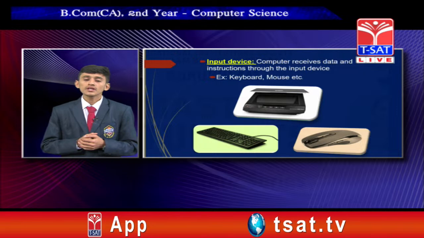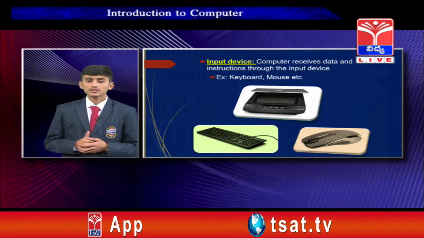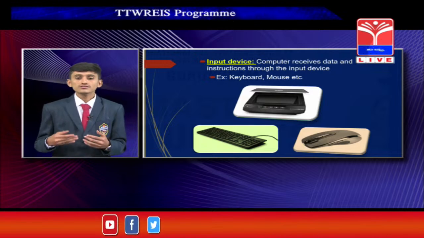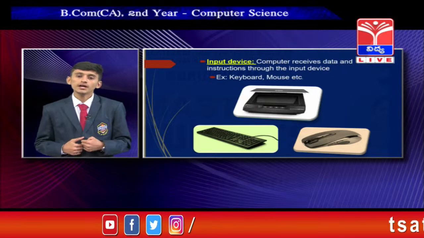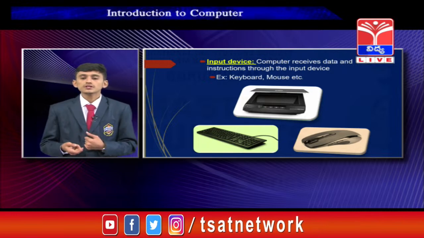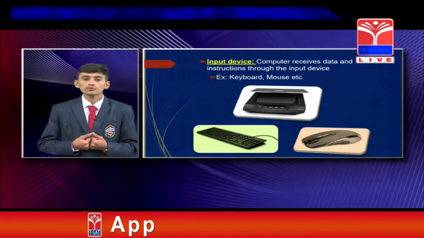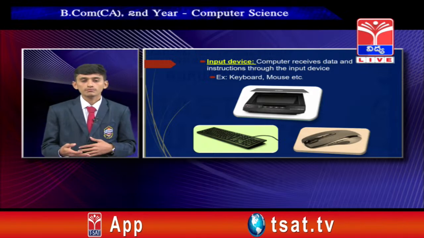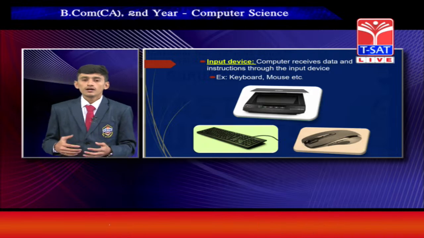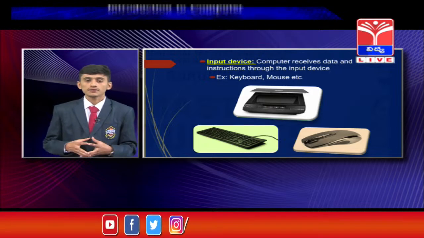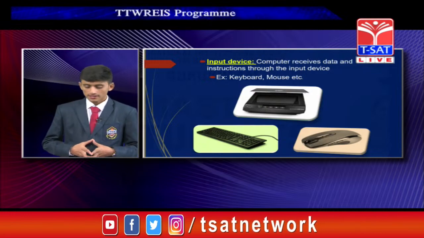While using the keyboard, we can type anything and pass instructions to a computer with its help. And finally, the mouse. The mouse moves the cursor, and we can click, go back and move. For example, the mouse handles the arrow mark. So this is about input devices.